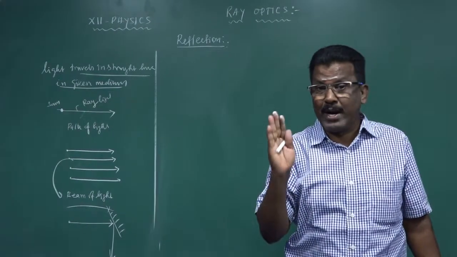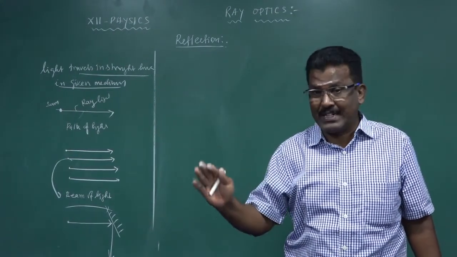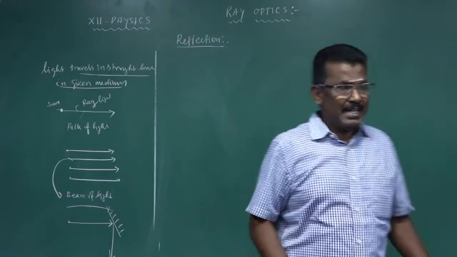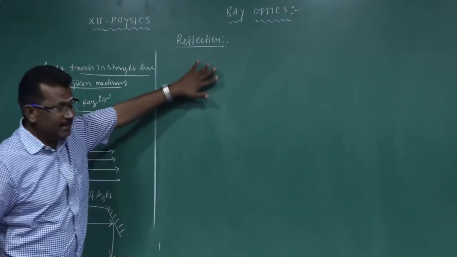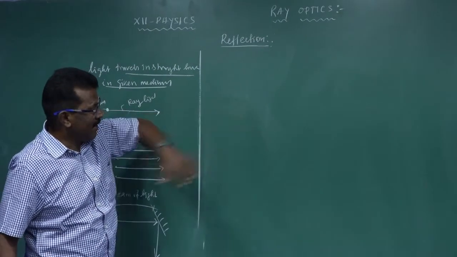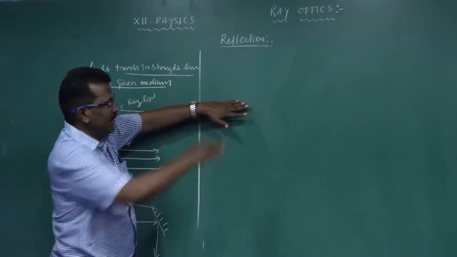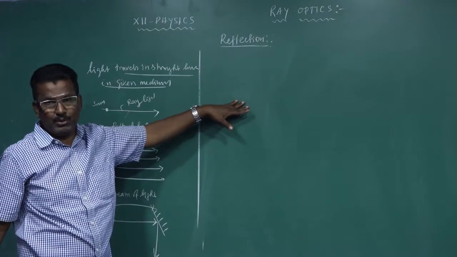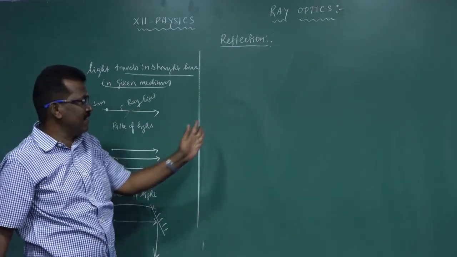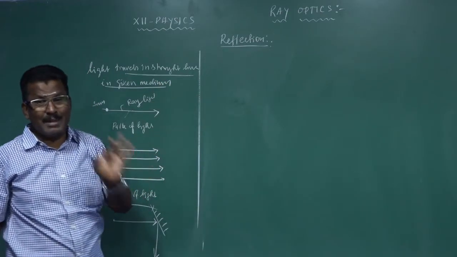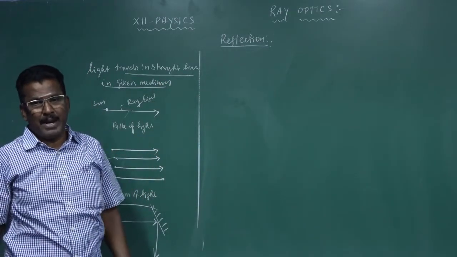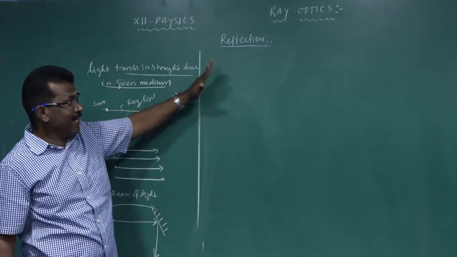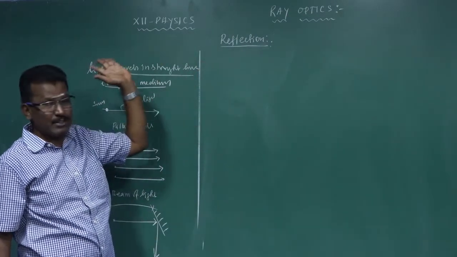Almost 90% of the light can be reflected when the surface is polished. If the surface is completely polished, a ray of light incident on the surface can be about 90% reflected. So reflection takes place when the ray of light is incident on a surface. Let's consider the plane mirror. A plane mirror reflects at least 90% of the light coming from the source.